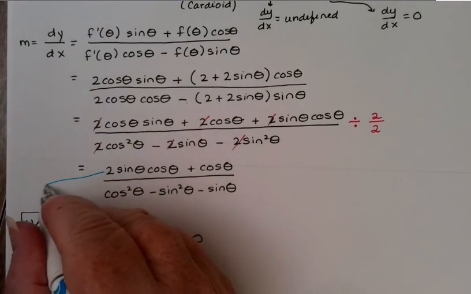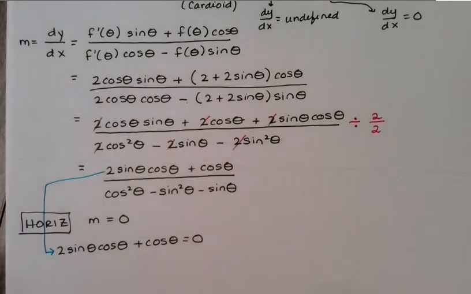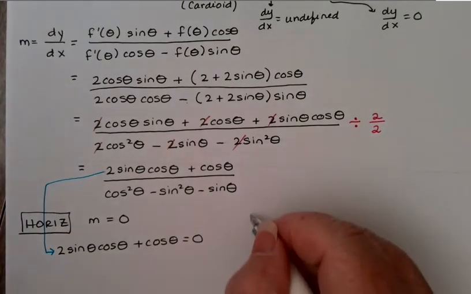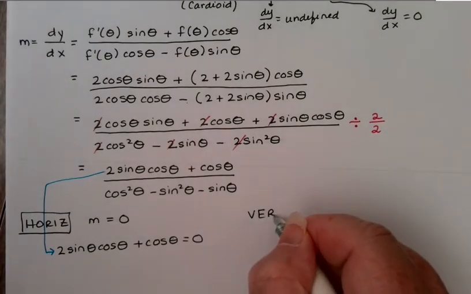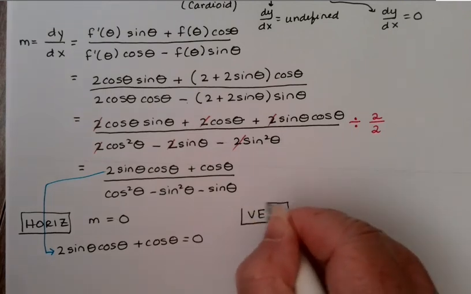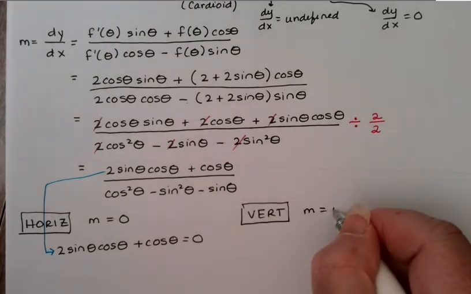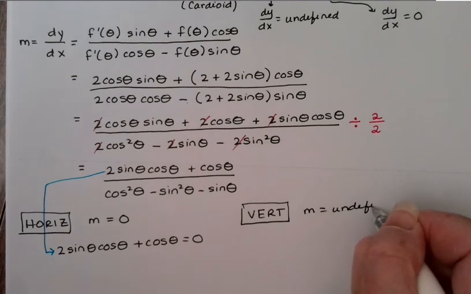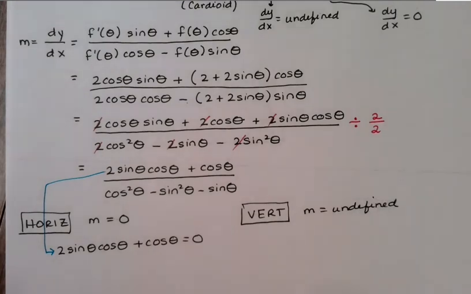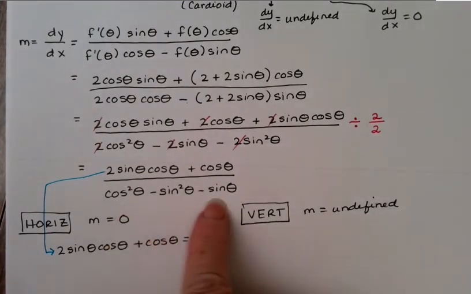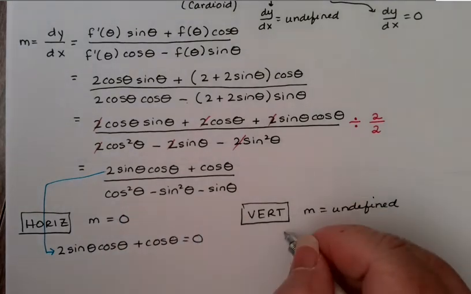The numerator of the fraction is 0. And then vertical, slope is undefined. Of course, a fraction is undefined when its denominator is 0.